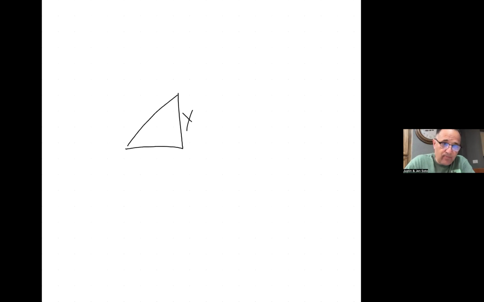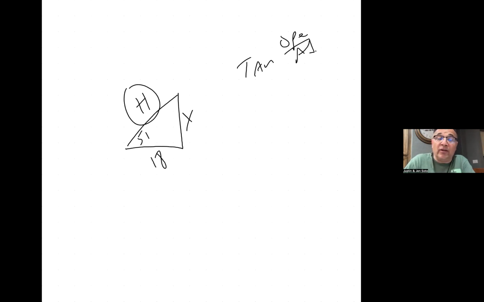On this particular one, let me draw the angle for you. That's the hypotenuse. Here's the 51. Tangent is opposite over adjacent. The adjacent is now on the bottom.